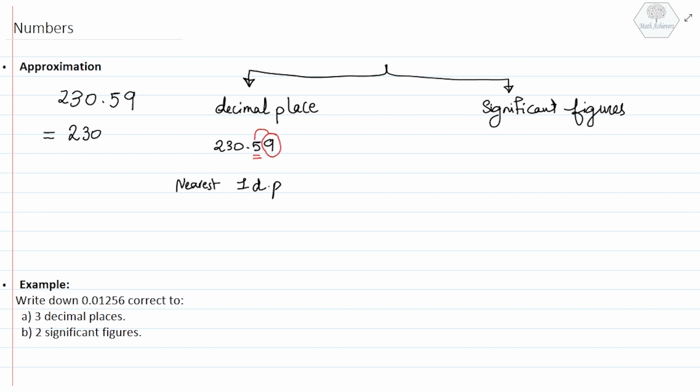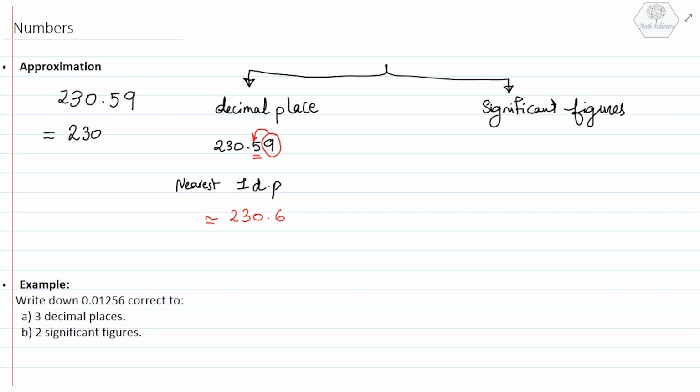So it will give the 5 a 1. So this value to the nearest decimal place will be approximately equal to 230.6. And this is how it goes when I want to round to decimal places. I just go the number of digits after the decimal point and I round.